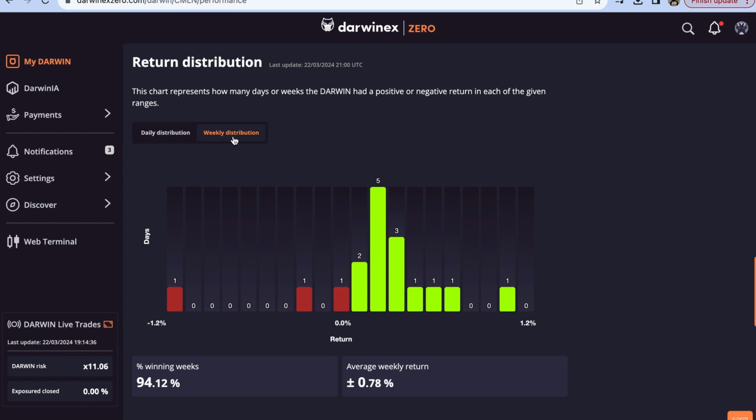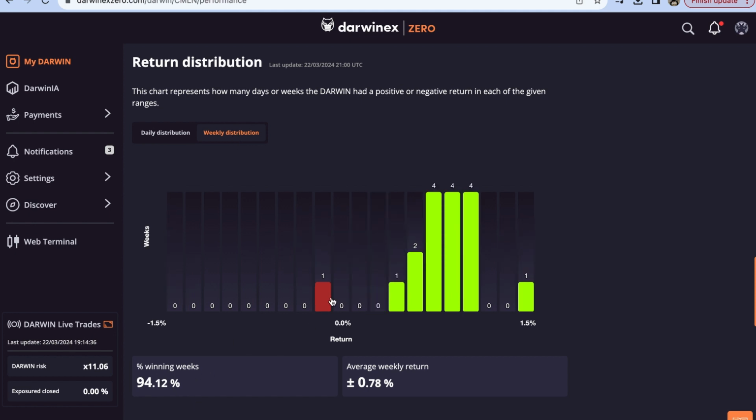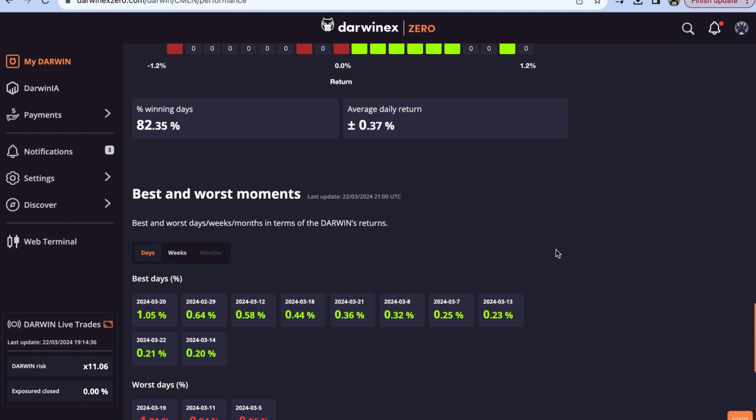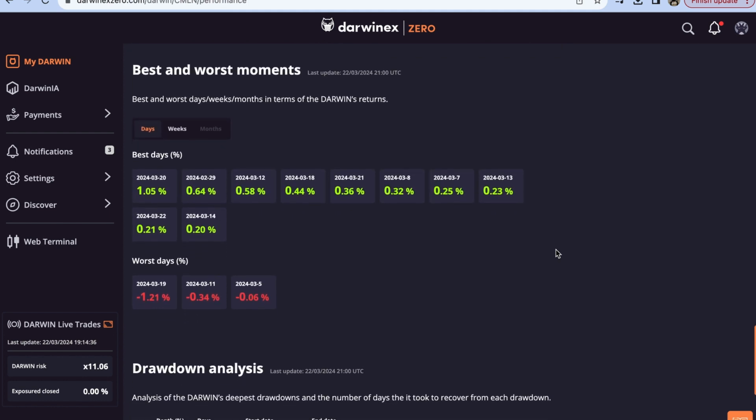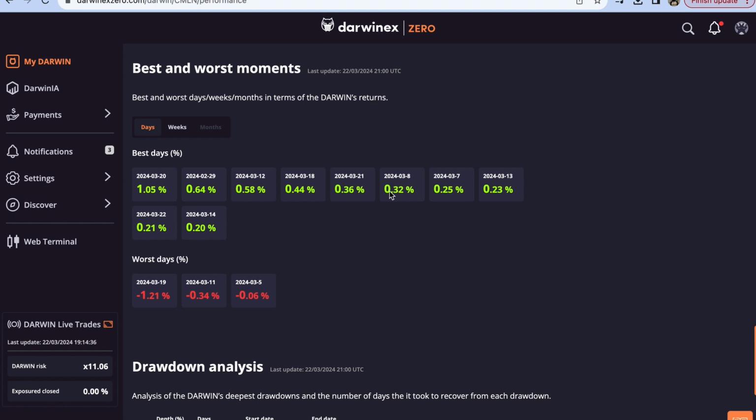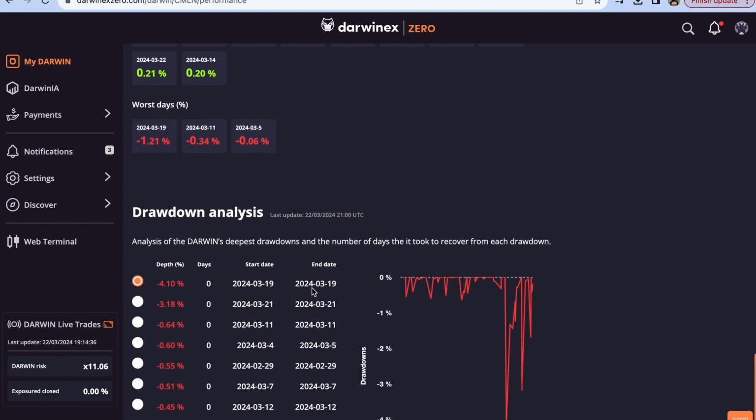And then weekly distribution, I don't know how that happens. Like, that's crazy. Nonetheless, as we can see, big high winning days, low losing days, and everything.